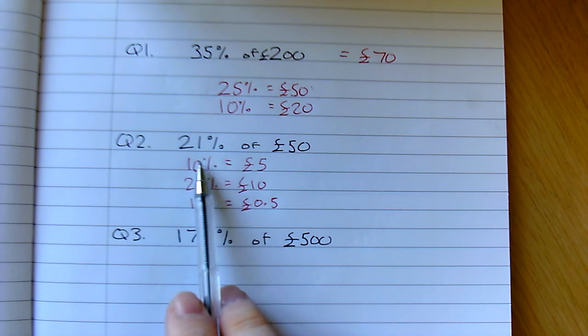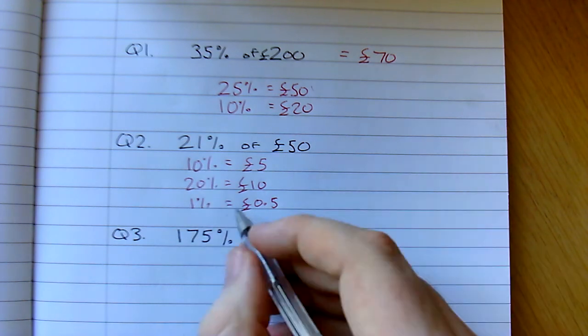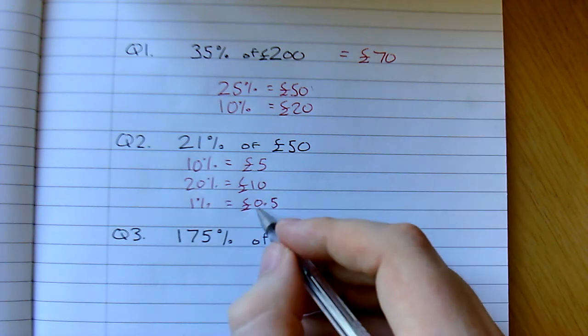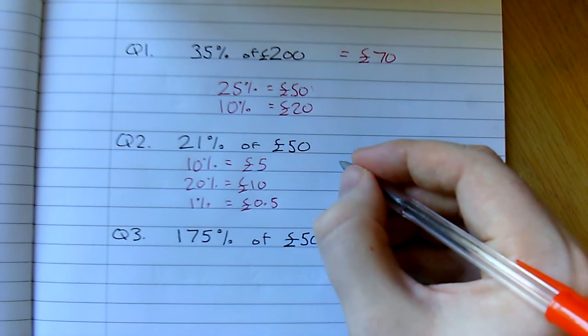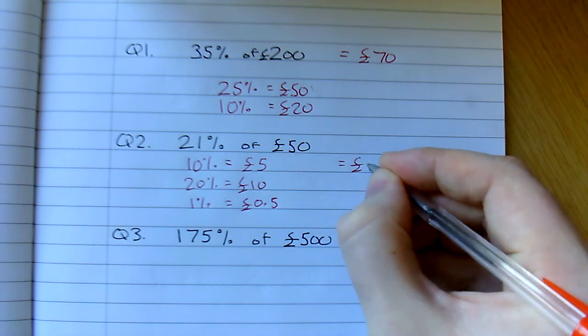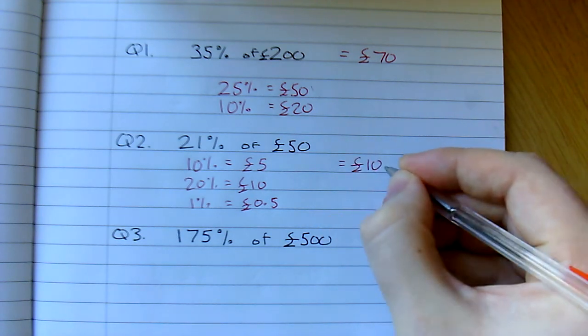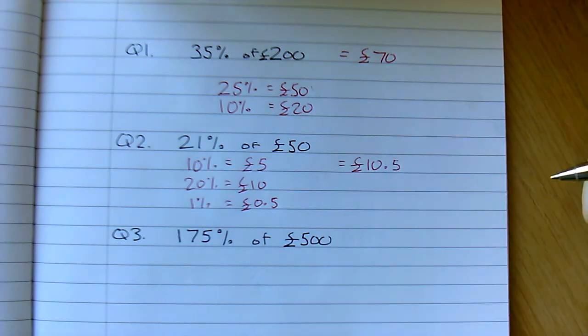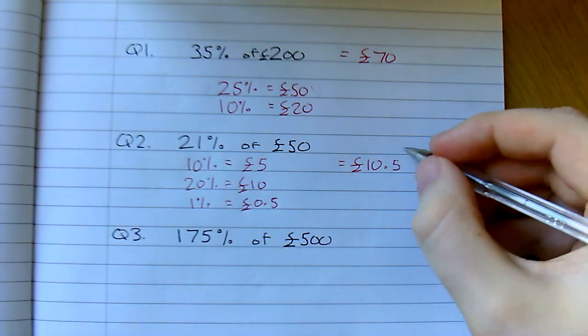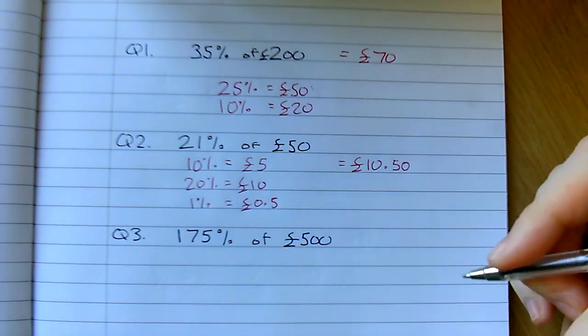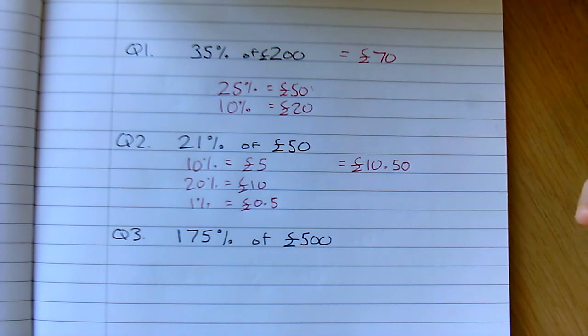I don't want to include the 10%. That was a working number. So the £10 and the £0.5 is going to give me £10.5. Now, you might go, that doesn't sound right, and no it doesn't, because we also need to include a 0 at the end. That is £10.50. You can get decimal numbers in percentages.